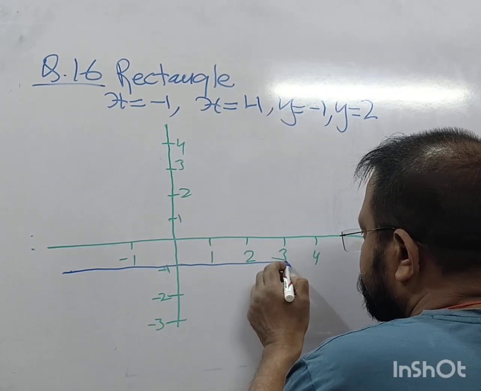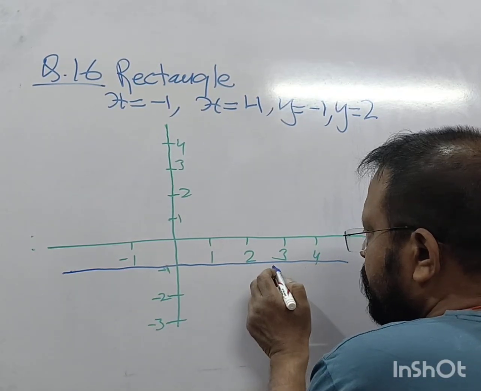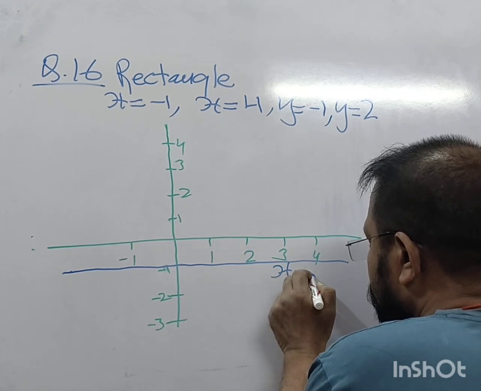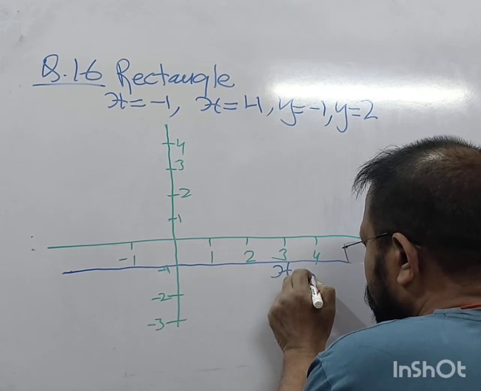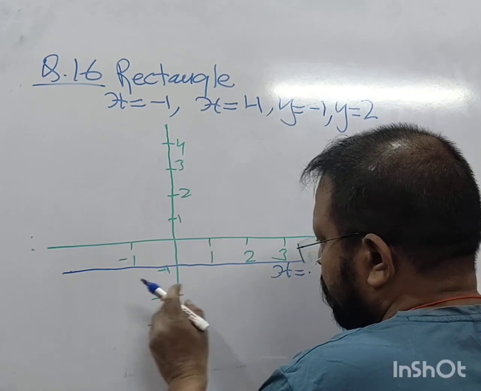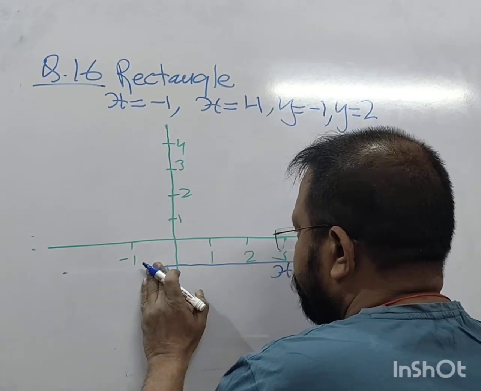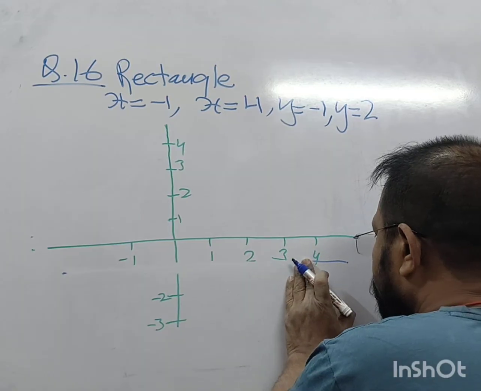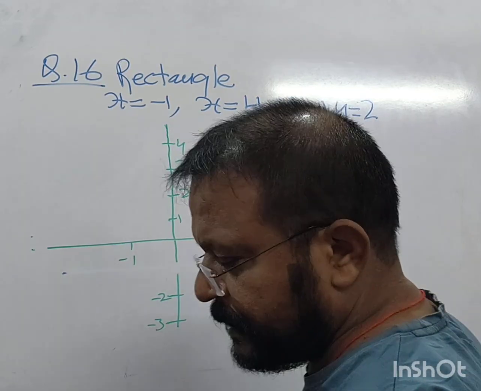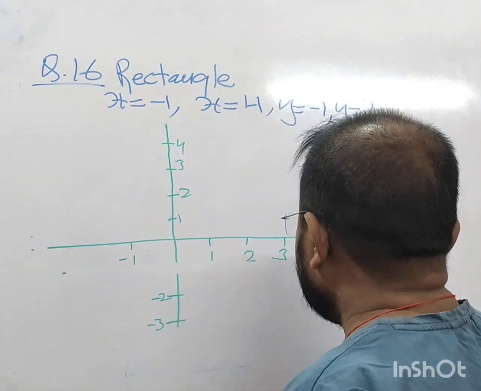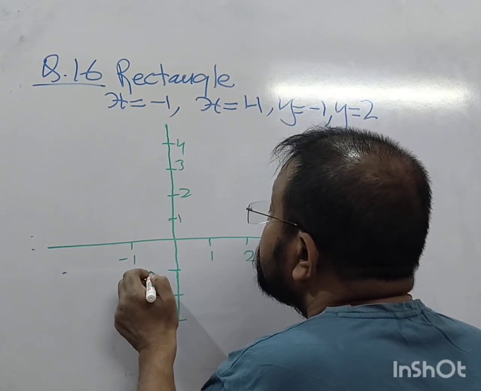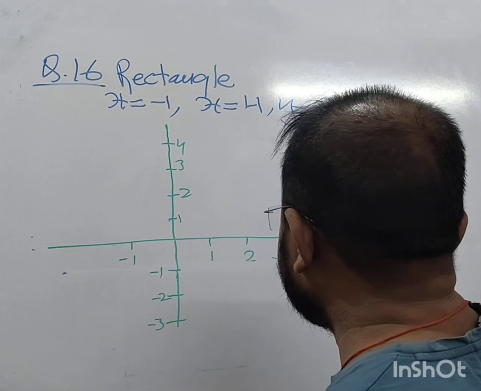So the equation x is equal to -1 is a line parallel to the y axis.